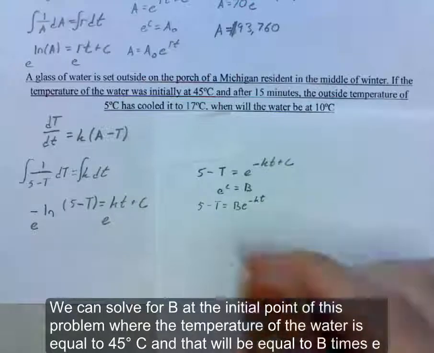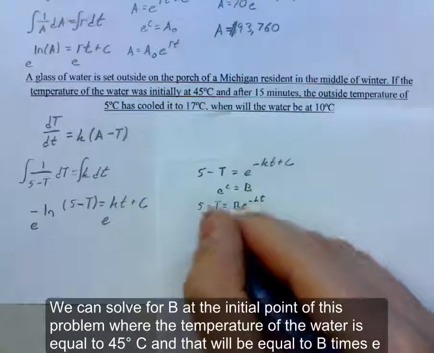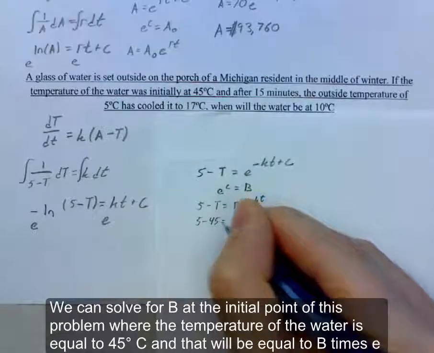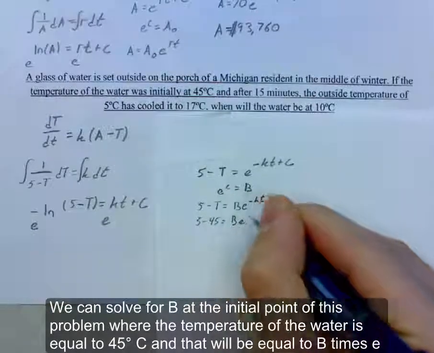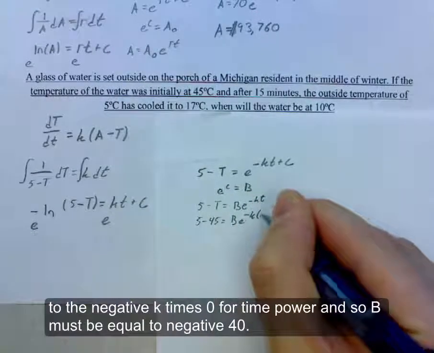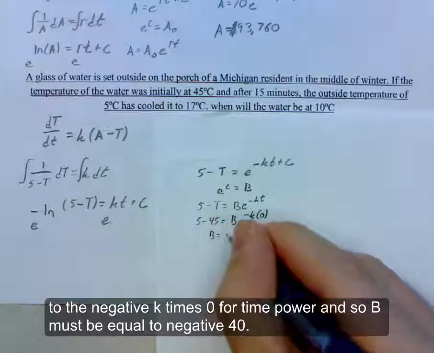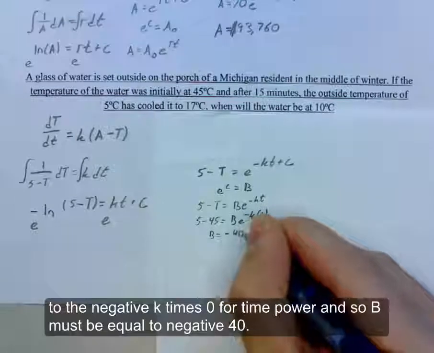We can solve for b at the initial point of this problem where the temperature of the water is equal to 45 degrees Celsius, and that will be equal to 5 minus b times e to the negative k times 0 for time power, and so b must be equal to negative 40.